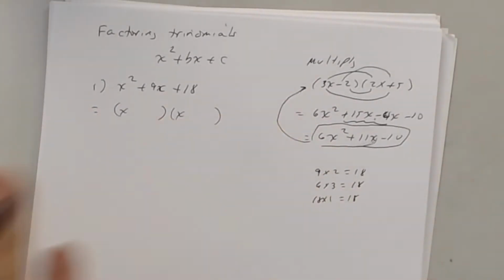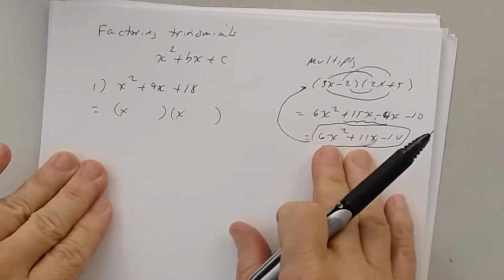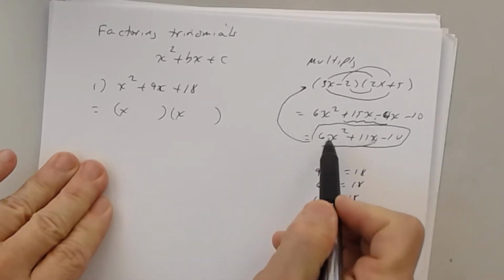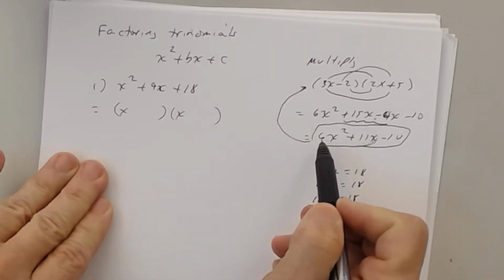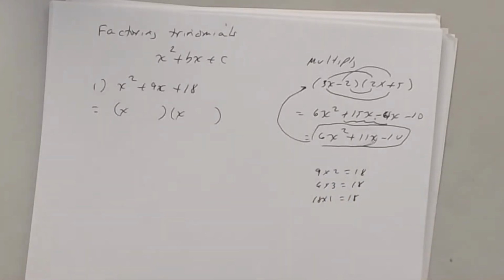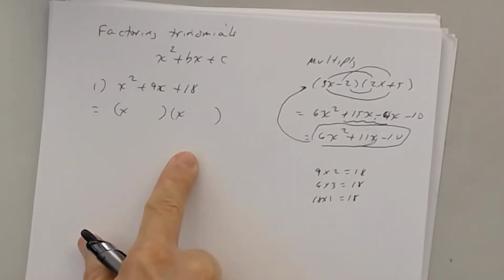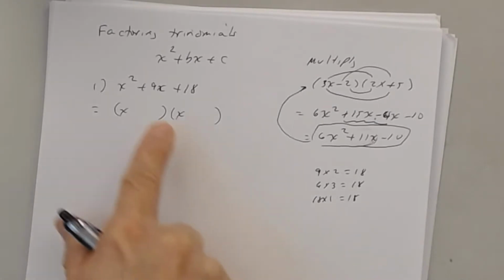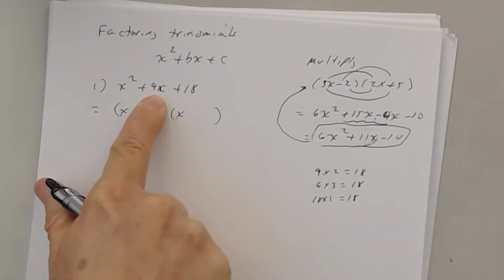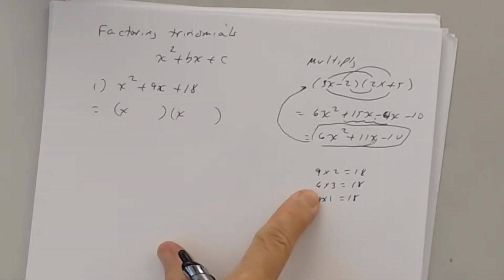Now, the rest of what I'm about to do cannot translate to this because the coefficient of x squared is not 1. What is it? 6. All right, but here the coefficient is 1. Here's what you're going to think about. Give me two numbers whose product is positive 18, right? And whose sum is 9. 6 and 3.